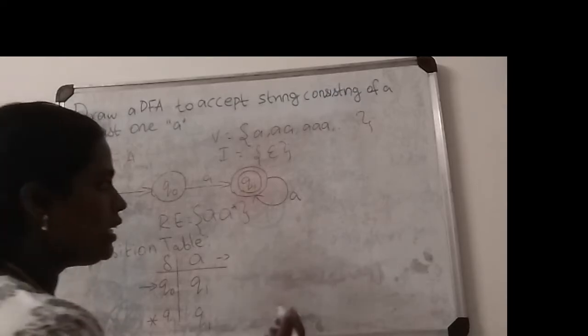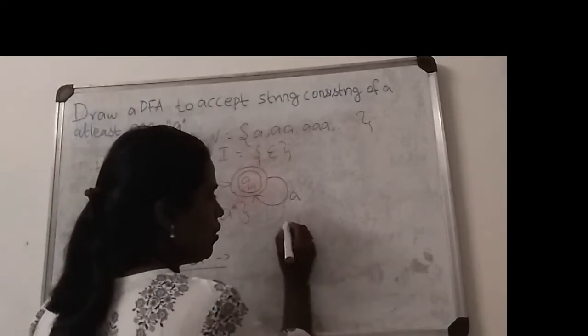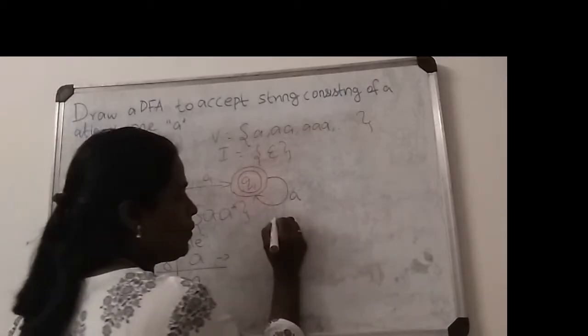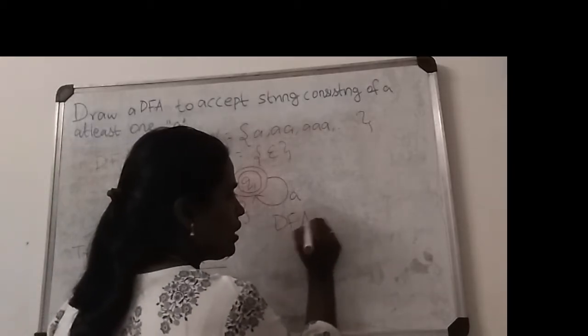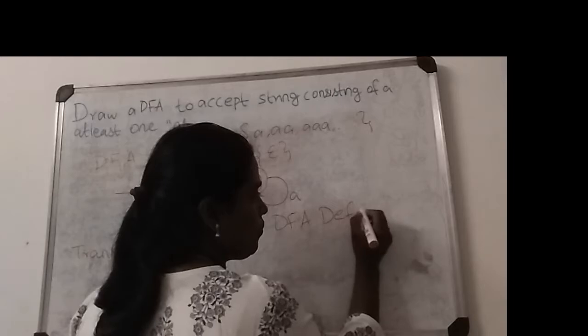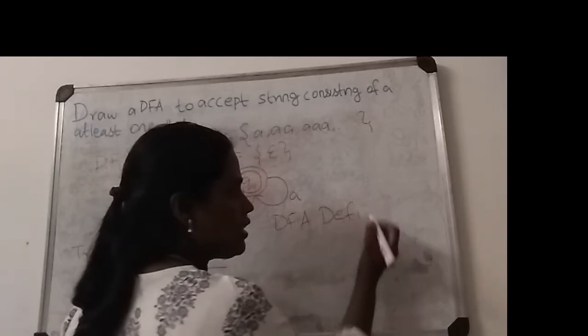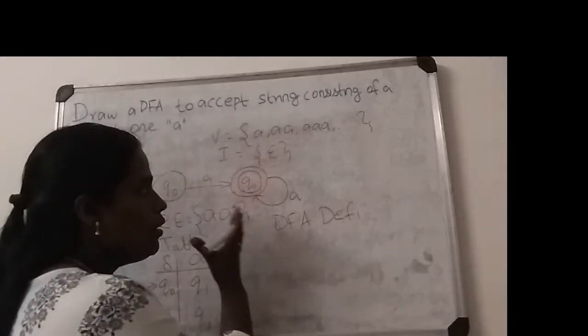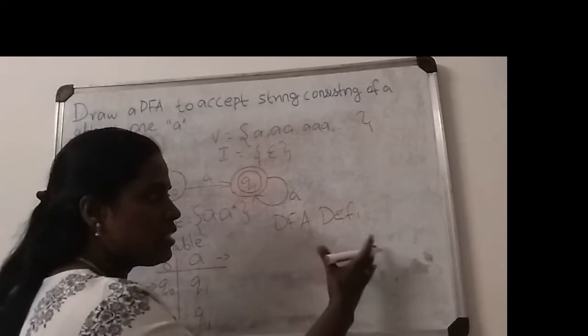Now we need to write the DFA definition of this diagram. The DFA definition is how the string is accepted and what the states are.